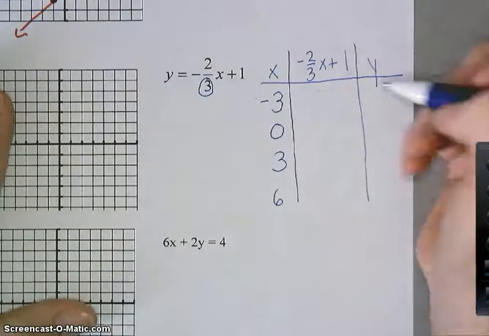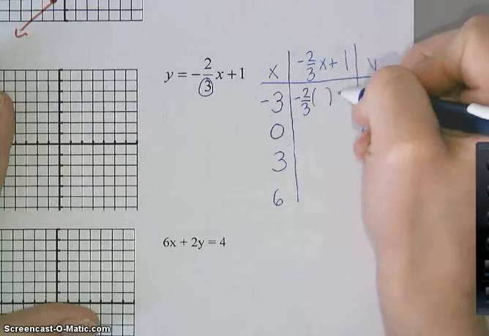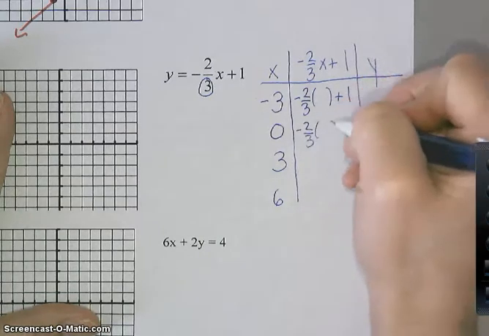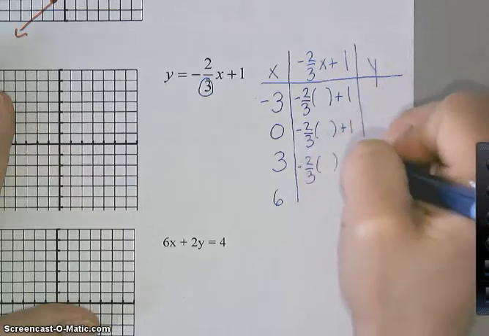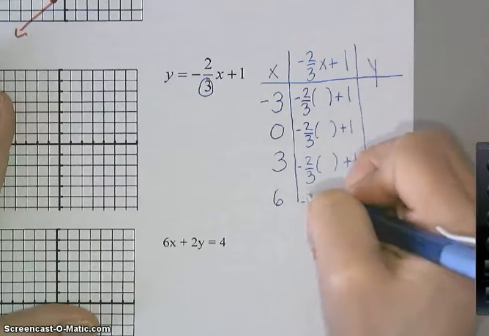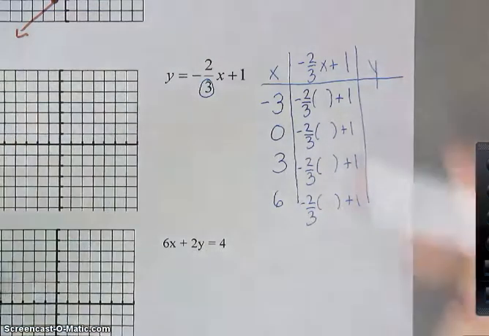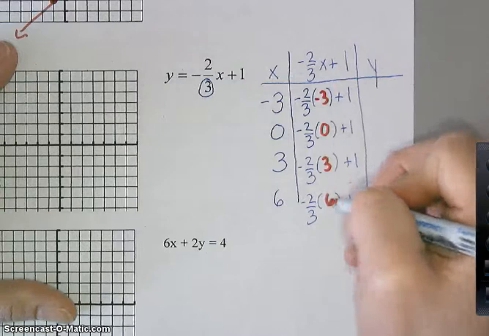So let's do that. So I have negative 2/3 times, and then plus 1. And I'm going to go back in and enter those inputs in just a moment. Because notice, the whole thing stays the same except for our x. So negative 3, 0, 3, and 6.